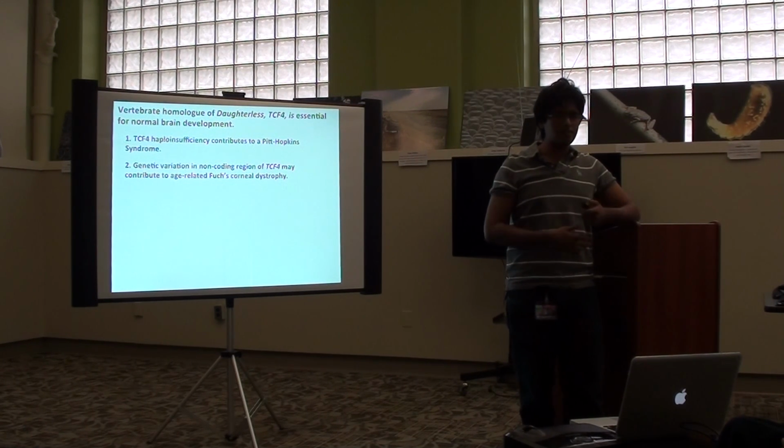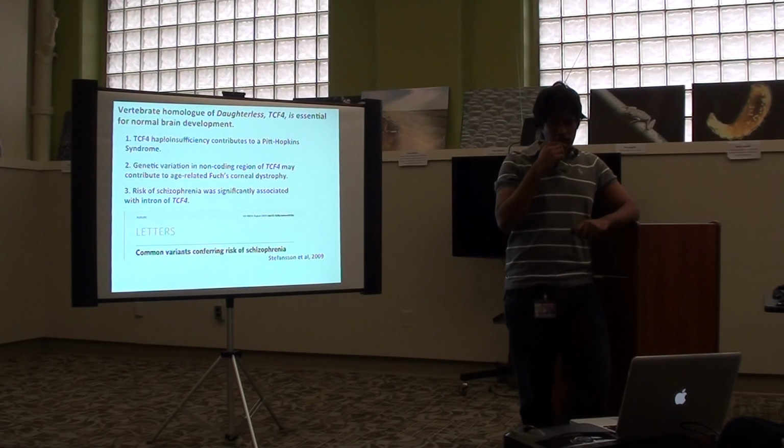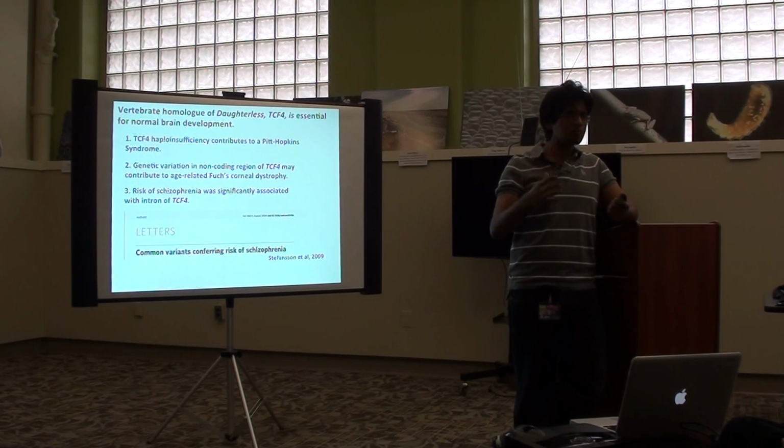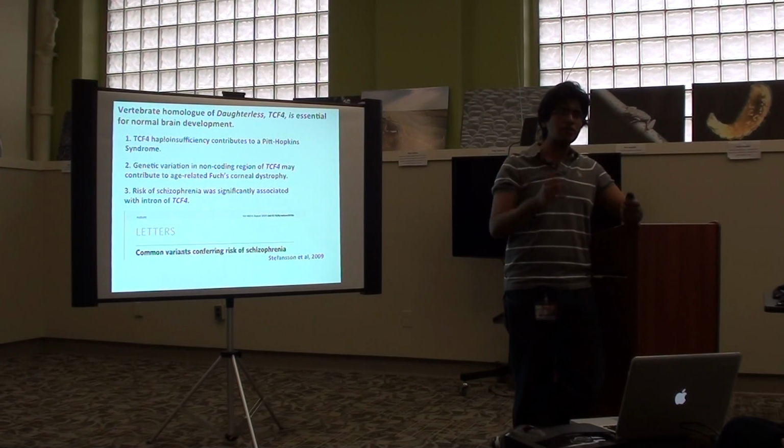So this is age-related. Also, risk of schizophrenia increases with mutations in TCF4. So clearly, there's something going on with neurons, the connections between them, that is being affected, and that leads to problems. So understanding this protein's function is important in development.